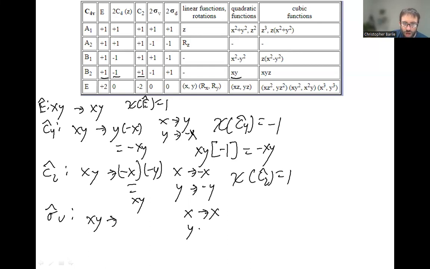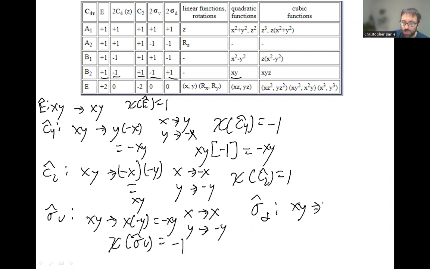And y goes to negative y. So we get xy going to x times negative y, which equals negative xy. So the character for the sigma v operation in the sigma v class is going to be negative 1. And that's what we got here. Our last one should be plus 1. Let's check that.